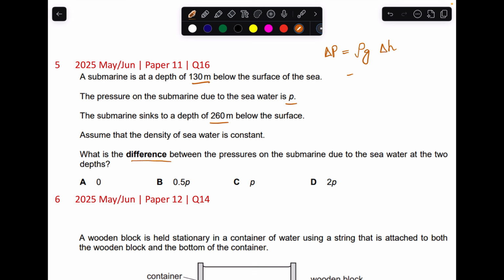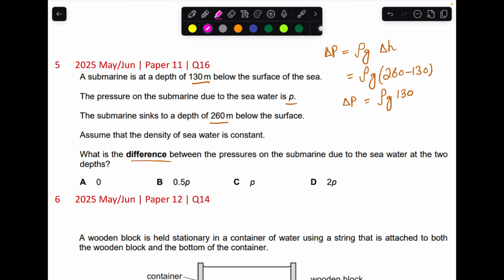So density is rho, g, and change in depth is 260 minus 130. That will give you rho g into 130. That is the change in pressure, but we don't have this option here, so we have to look at what they were telling us.